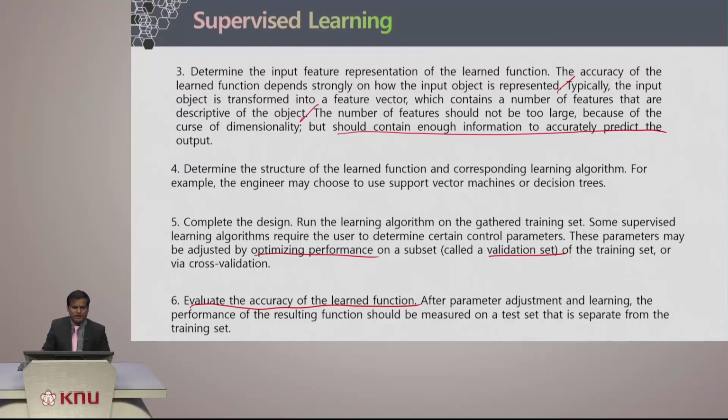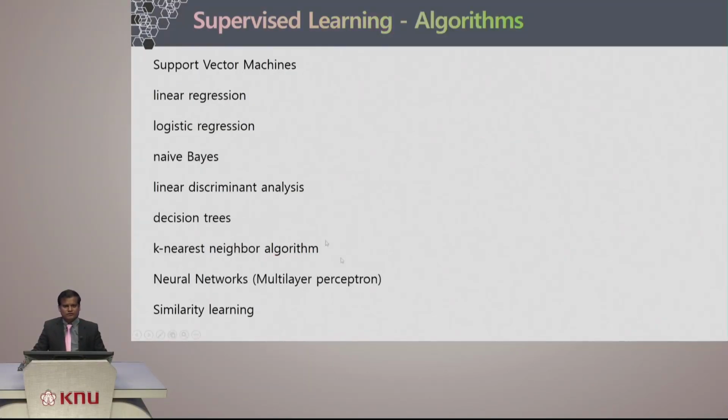These are some of the important tasks for evaluating the performance of your supervised learning. There are different types of supervised learning algorithms that include support vector machine, linear regression, logistic regression, naive Bayes, decision tree, k nearest neighbor, and so on.